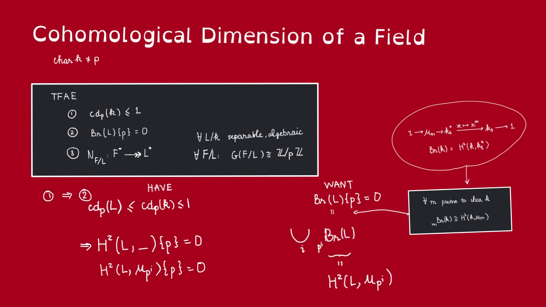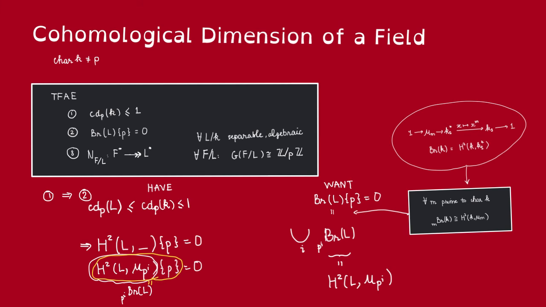But from a previous result, we know that this is just the group of p to the i torsion of the Brauer group. And by the way, the p-primary part of this is just equal to itself. So this is equal to the p to the i torsion part of the Brauer group. Thus, the p to the i torsion part of the Brauer group vanishes, and this is true for all i. So then the p-primary part of the Brauer group must vanish, and we're done.